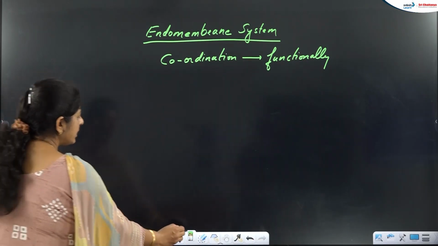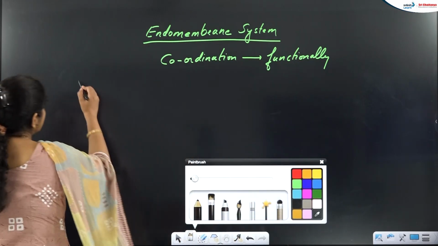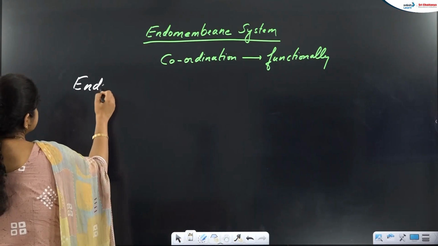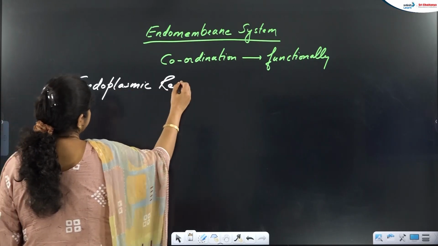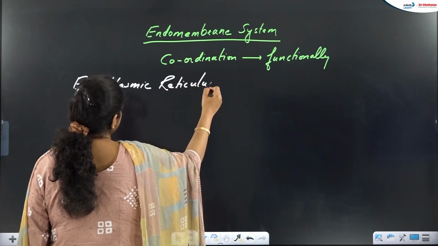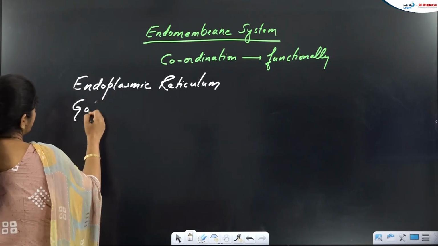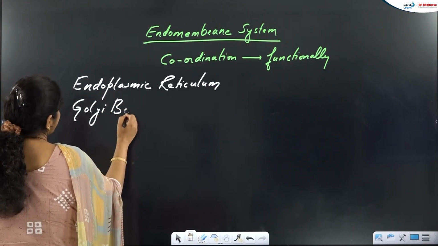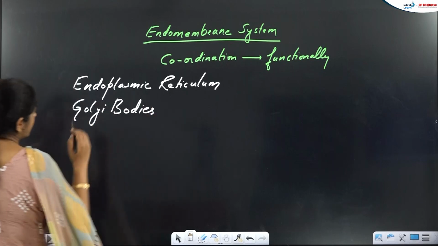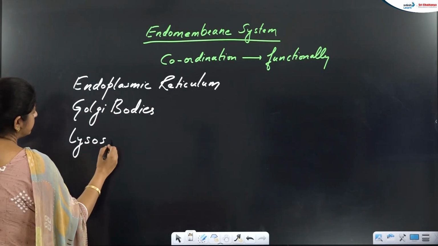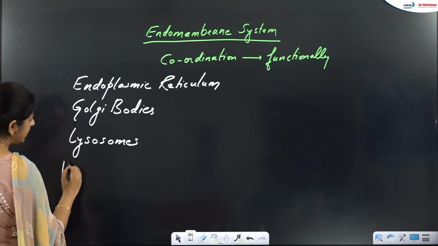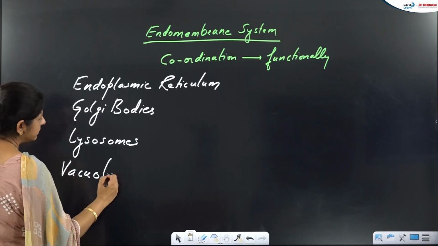What will be included under the endomembrane system? It will include the endoplasmic reticulum, the Golgi bodies or Golgi apparatus, the lysosomes, and the vacuoles.